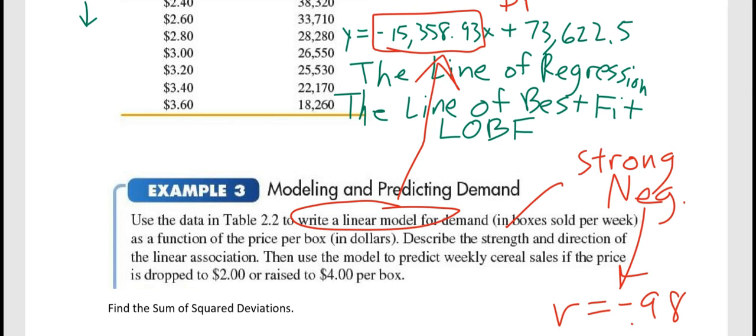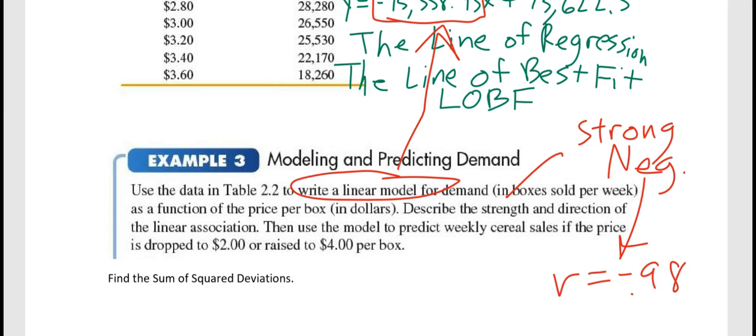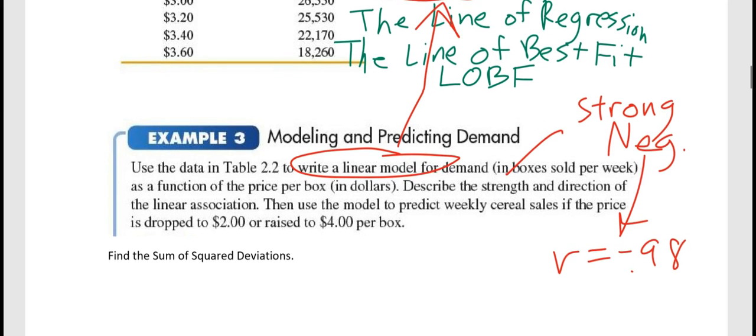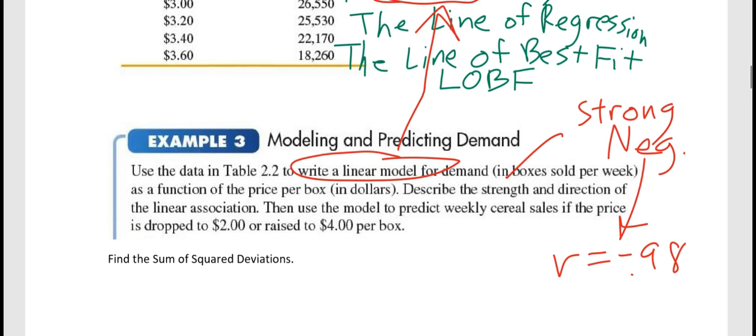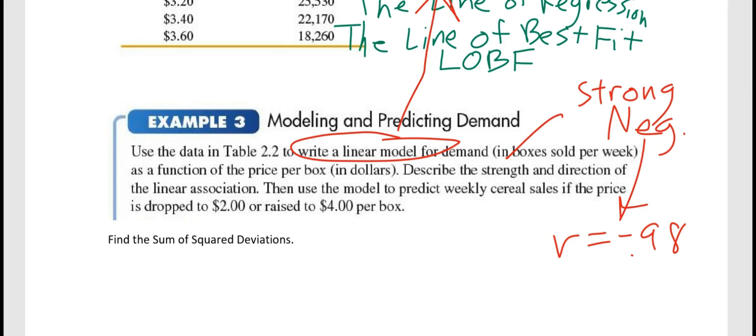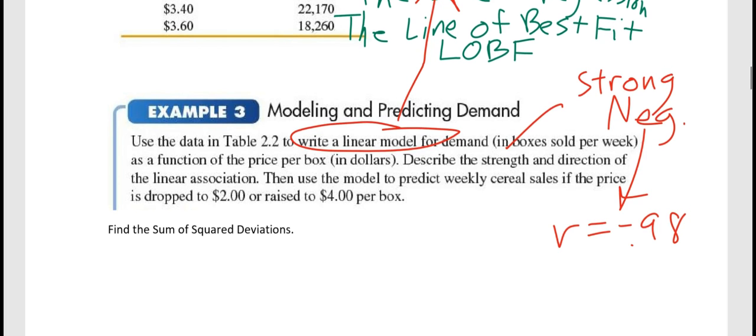We know the direction because we talked about strength and direction. Use the model to predict the weekly cereal sales if the prices dropped to $2 or raised to $4. You've already got this equation in Y1 in your calculator.